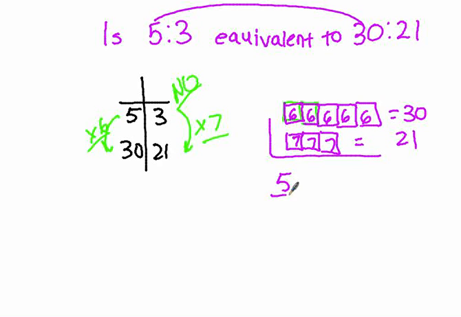Same thing, 5 to 3, to go to 30 to 21, times 7, times 6. Those are the strategies that you're going to be working on in this unit to evaluate whether different ratios are equivalent.